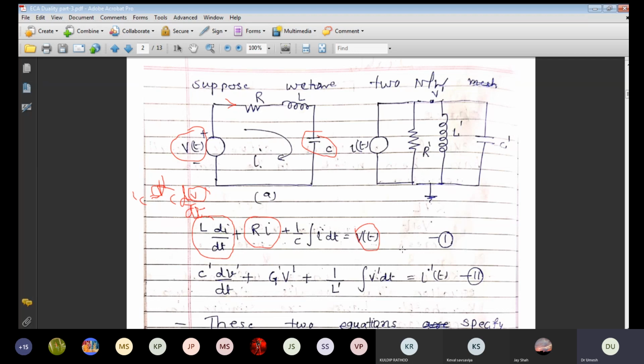The circuit is like this, with values R dash, L dash and C dash. Here I have to find the current in all branches.